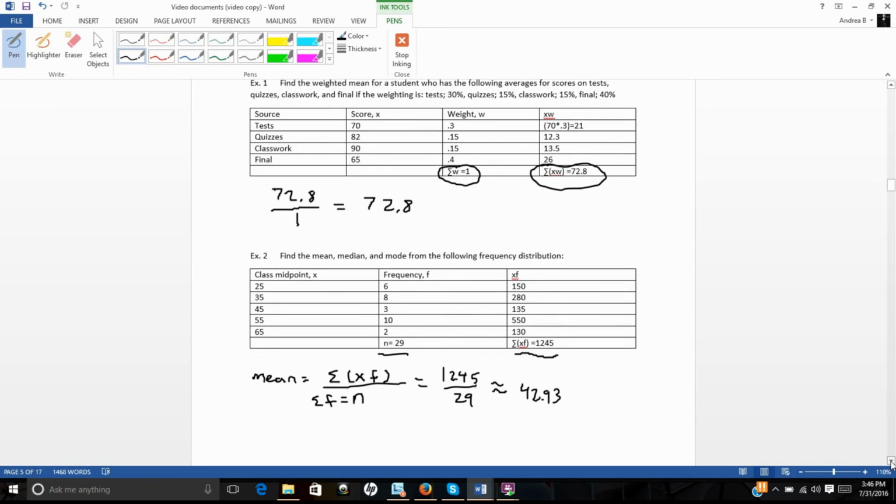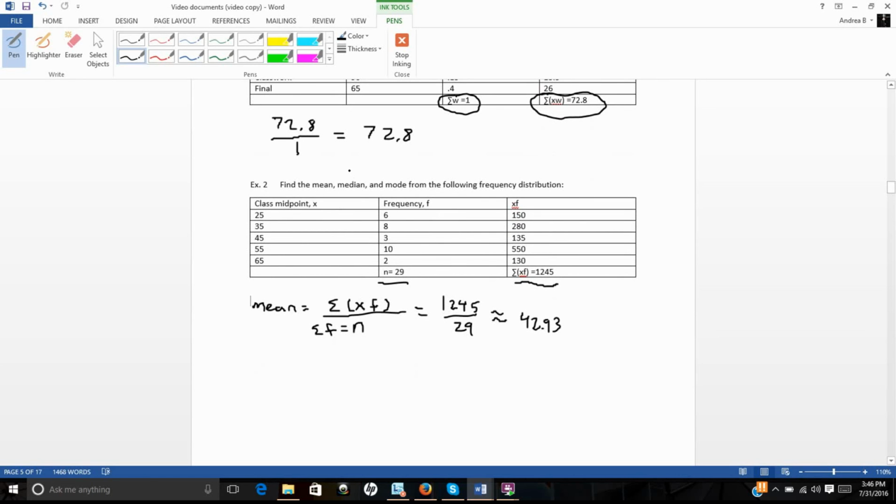And then the median here, remember median means the middle number. It's a little bit trickier in this case rather than if you have a list. You're going to have to figure out, first of all, what the location of the median is, in other words, what position in the data it's located.